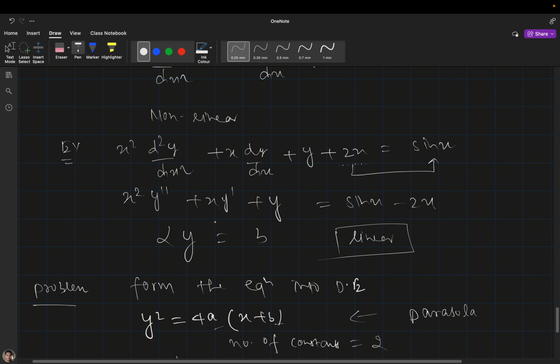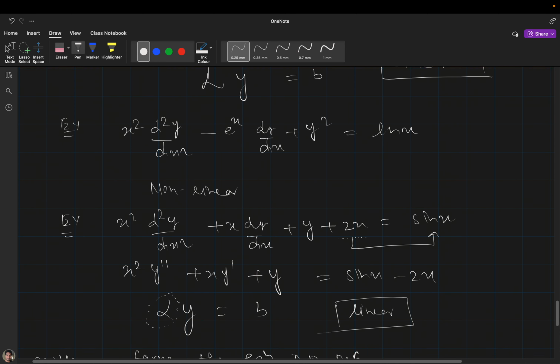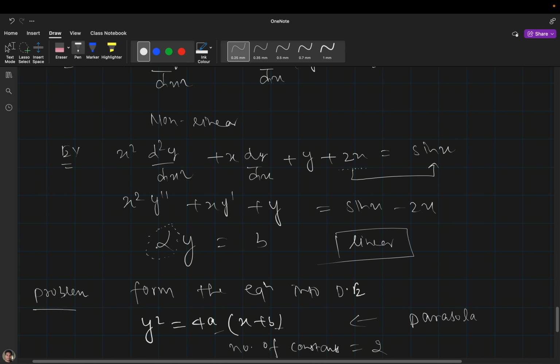The thing is, in L, there should be no such y, otherwise that equation will be non-linear. It is clear that in L, it should contain either constants or a function of x, otherwise you cannot write it.